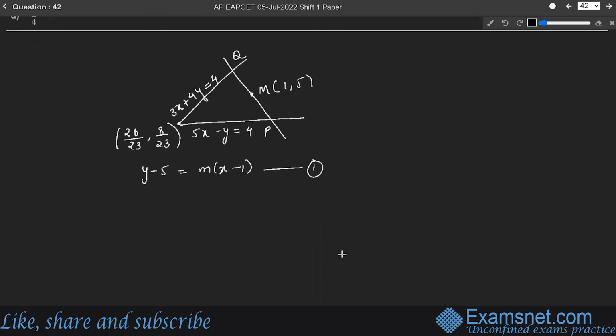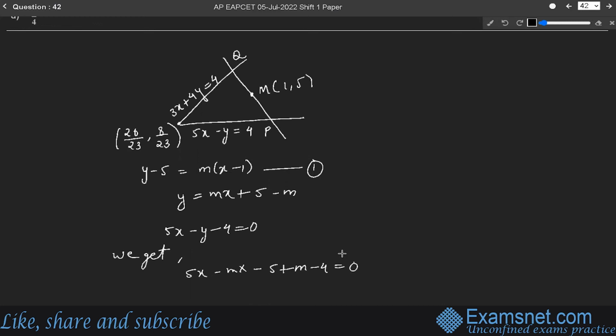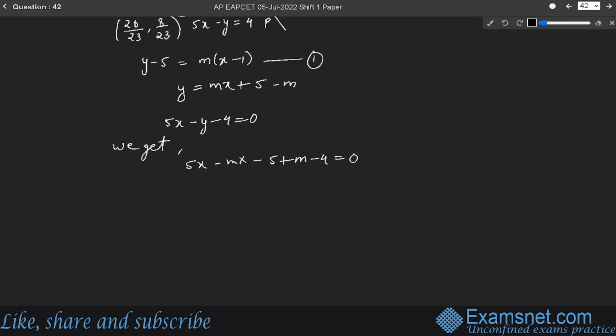Now, substituting y is equal to mx plus 5 minus m in the equation 5x minus y minus 4 is equal to 0, we get 5x minus mx minus 5 plus m minus 4 is equal to 0. Taking x common, it will be 5 minus m, x, plus m minus 9 is equal to 0.